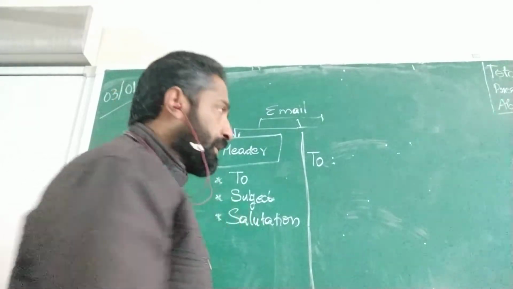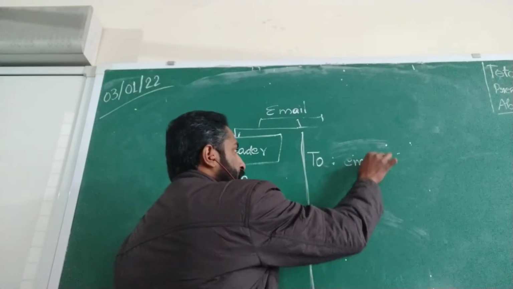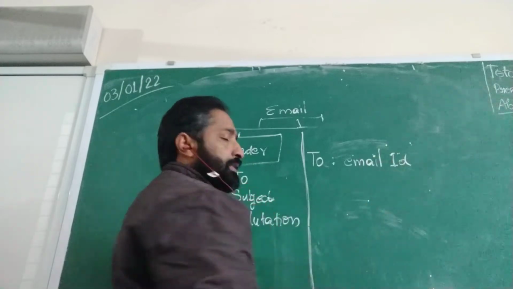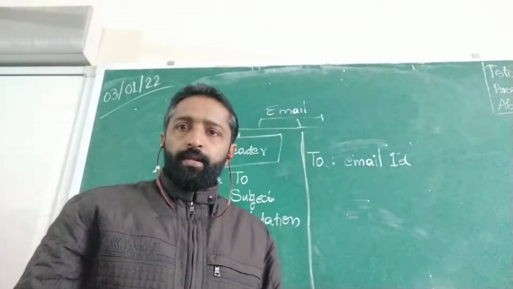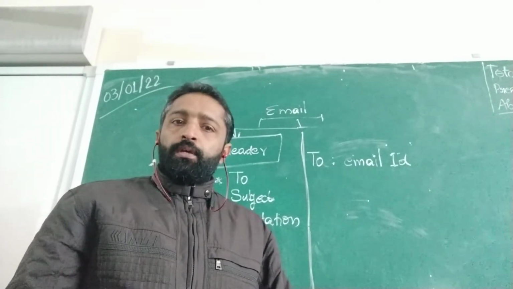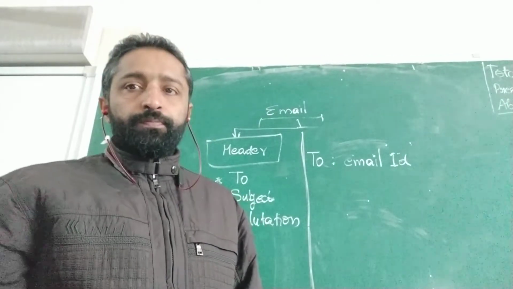Which means the email ID has to be written. When you write the email ID, as I have told in the class, there shall be no joined letters, no capital letters, and no space. Okay, that's the thing that you need to remember.